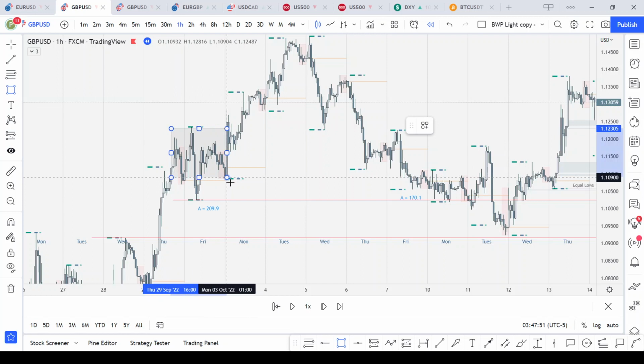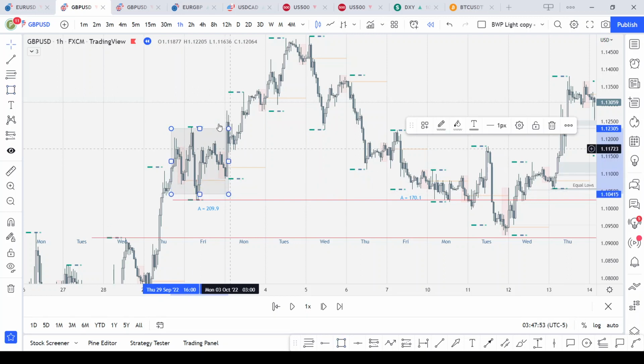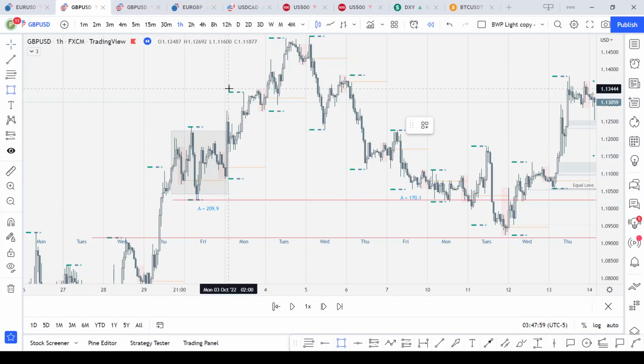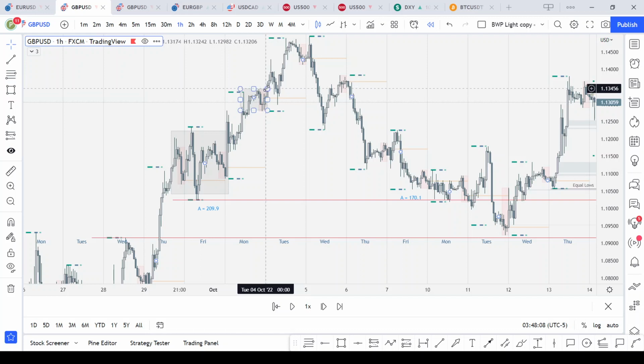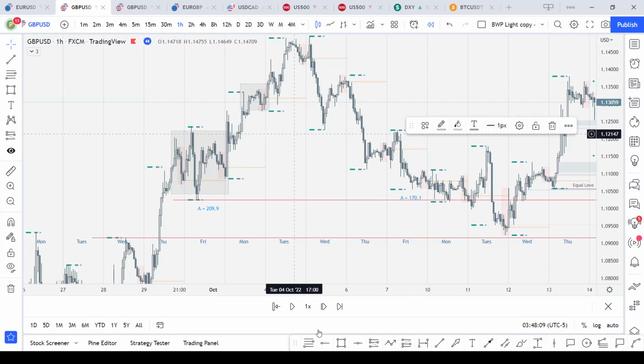So this is the initial consolidation, and then we have the run into a level of resistance, a daily fair value gap. There is a daily fair value gap right there, and we have the smart money reversal.